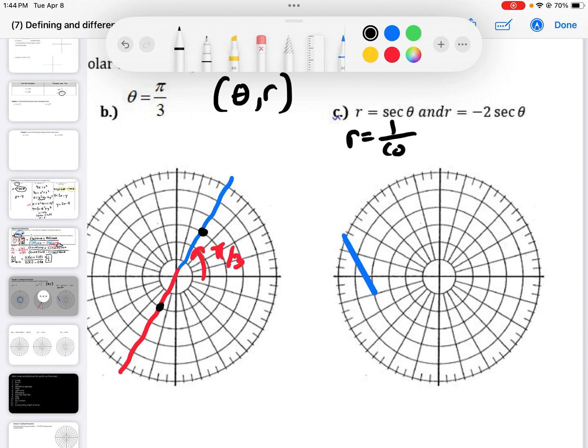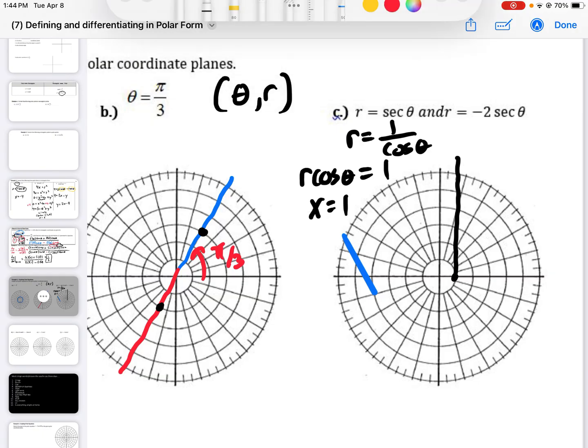I'm going to use a trig identity that secant is equal to 1 over cosine, right? So from here, I'd multiply both sides by cosine, so I get r cosine of theta is equal to 1. And this tells me r cosine theta is just x, right? So x is 1.